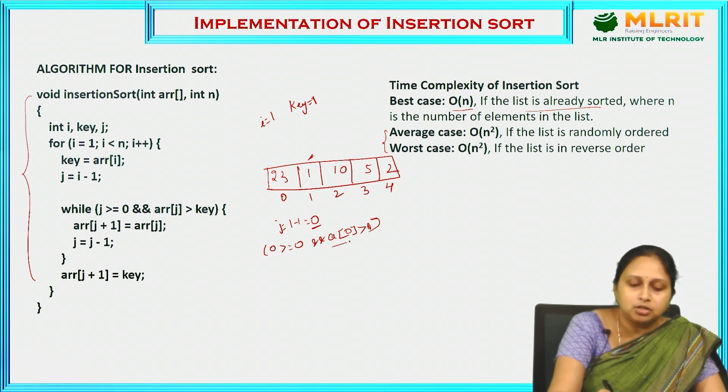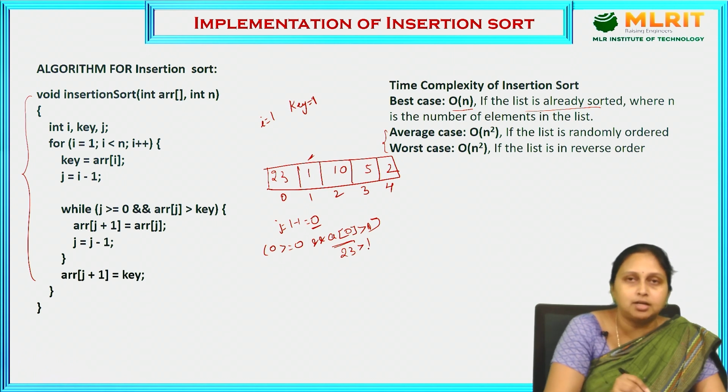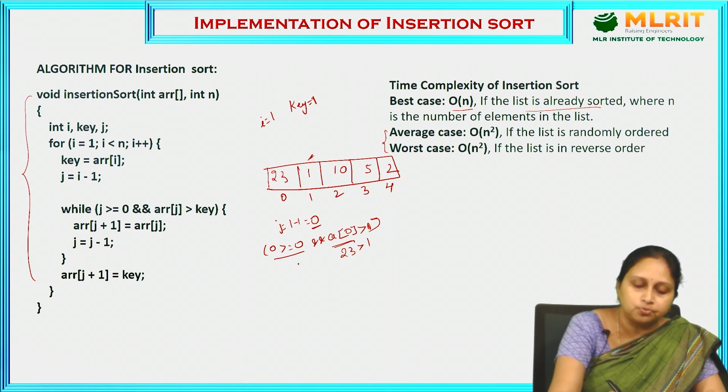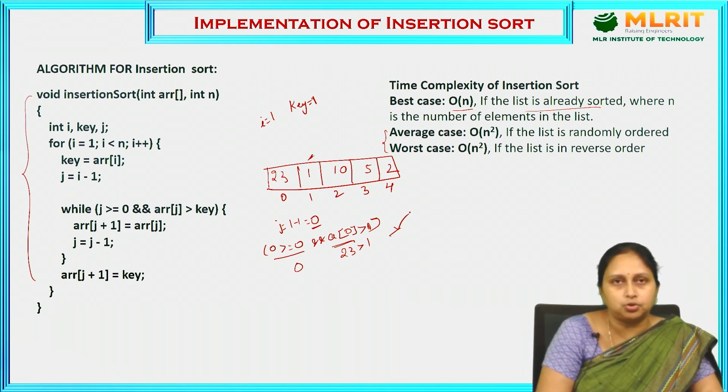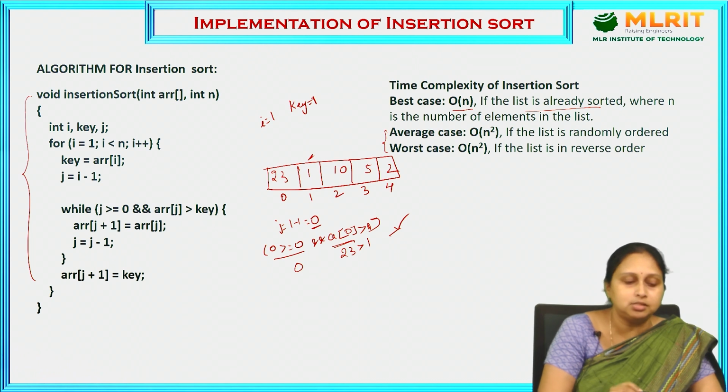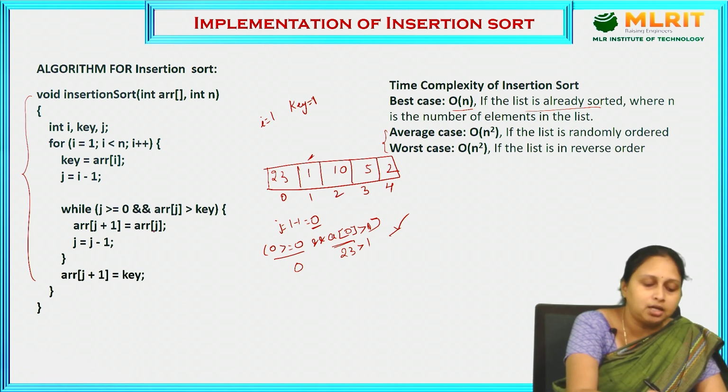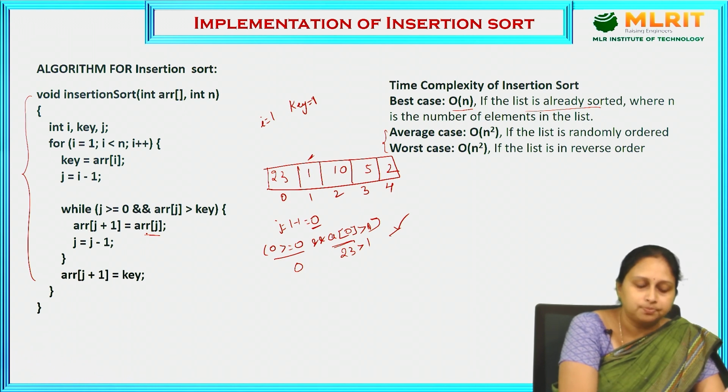What is present in a of 0? A of 0 value is 23. 23 greater than 1 is true, and j greater than or equal to 0 is also true. Both the conditions are true, right? If both conditions are true, then what we need to do? We need to perform the shift. That is, a of j value is going to be placed in a of j plus 1, right?